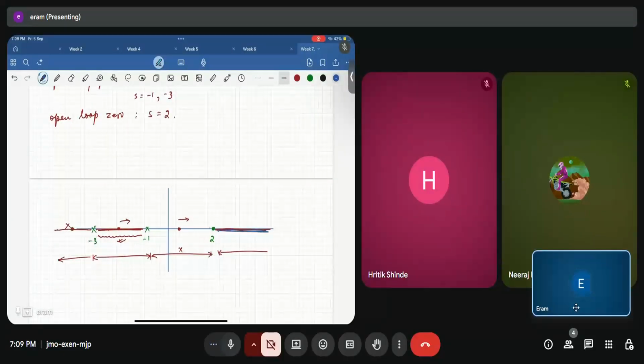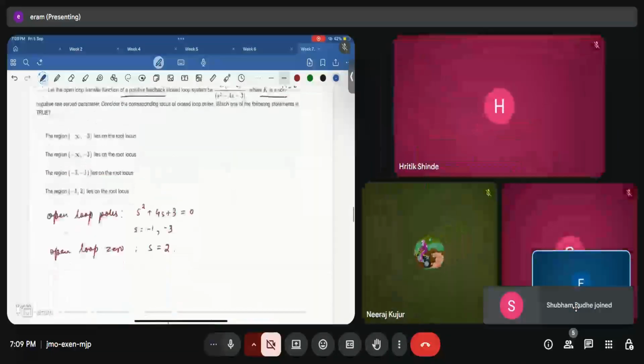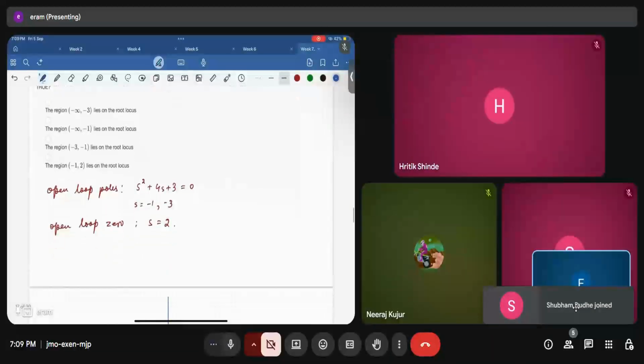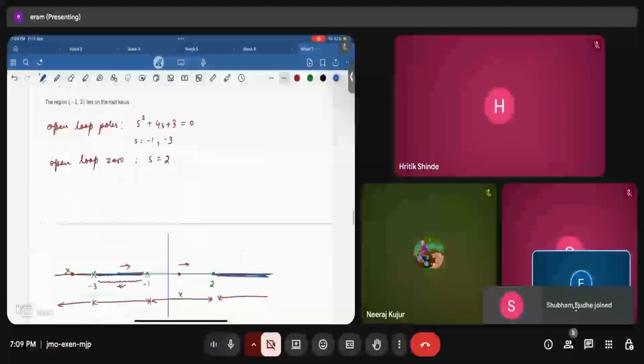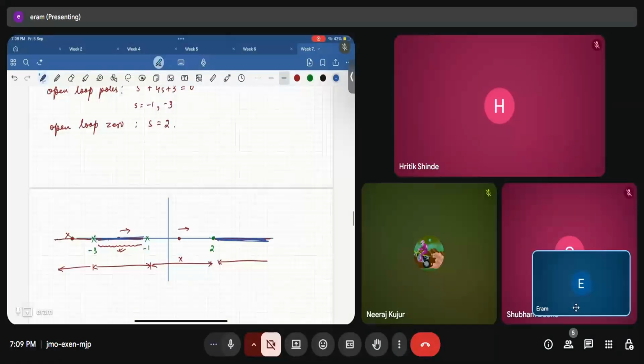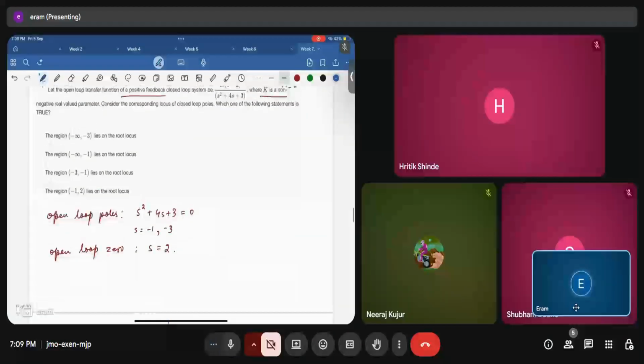Now tell me which option is correct. Minus infinity to minus 3, no. So minus infinity to minus 3 means this region. So this region is not the part of root locus.